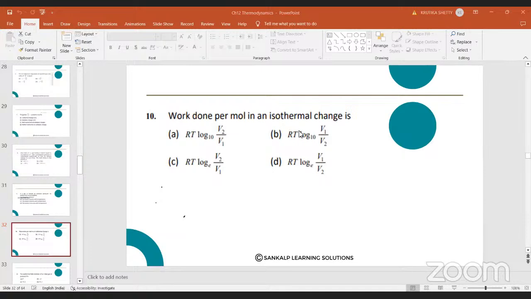A, B, C, D. C, ma'am. Yes, correct, it is C. Very good. This is the C answer, that is RT log to the base e, V2 divided by V1. Option C is correct here.